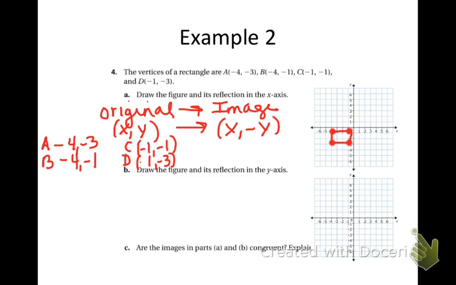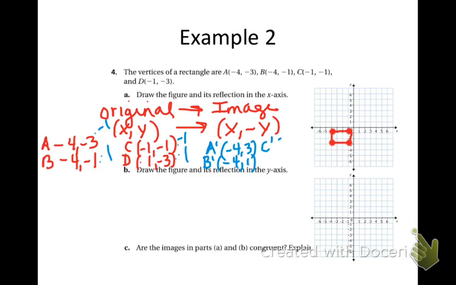we're going to be multiplying the y-coordinate by -1. So times -1, times -1, times -1, times -1, so that A prime would be -4, 3, B prime would be negative 4 comma 1.